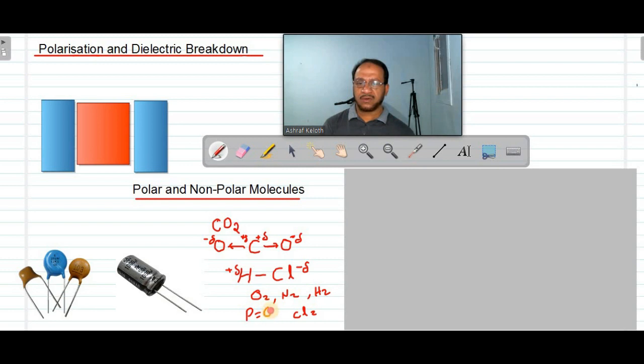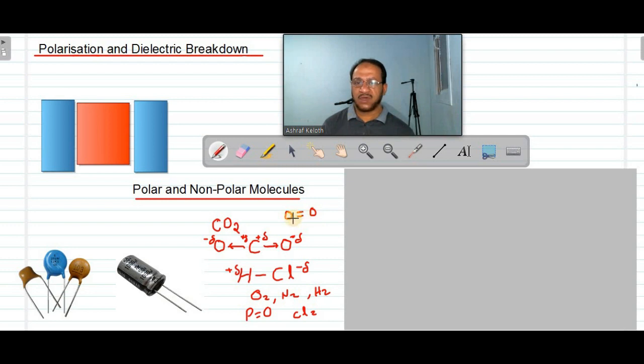0. Because if you take the oxygen molecule, on both sides there are oxygen atoms. In the oxygen molecule, two oxygen atoms are double bonded, O double bond O. So these two oxygen atoms have exactly the same electronegativity, isn't it? Both atoms have the same electronegativity, so they will attract electrons on both sides equally.